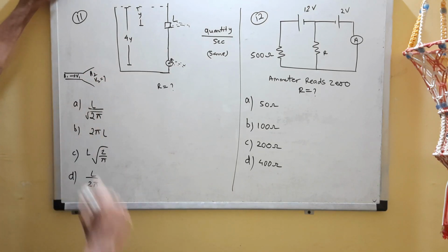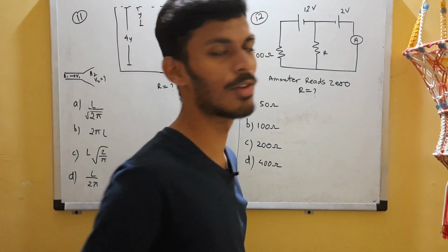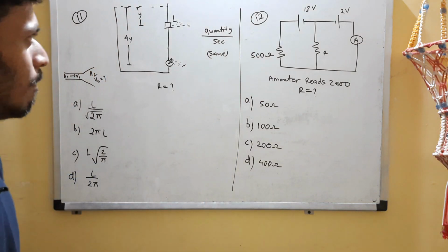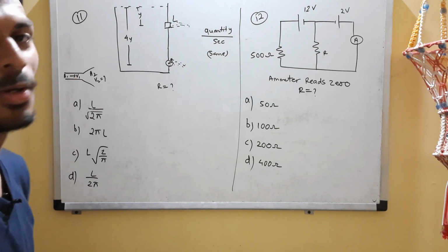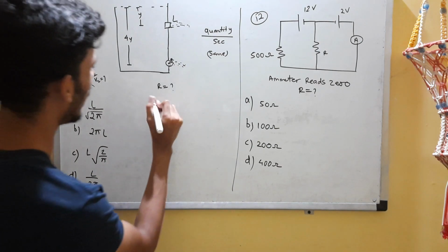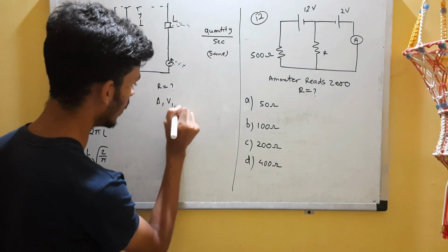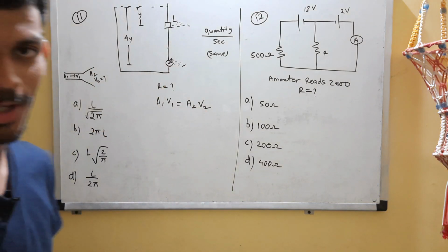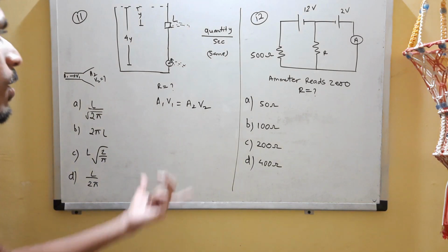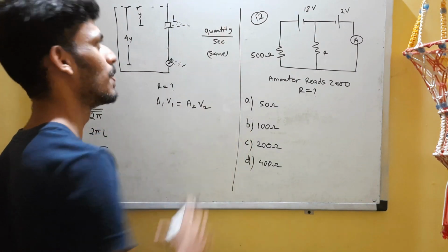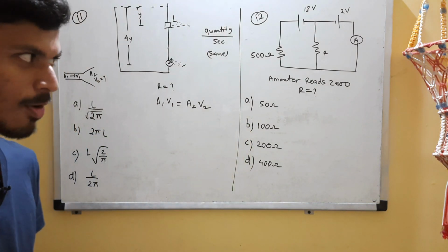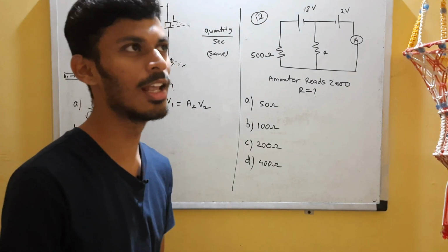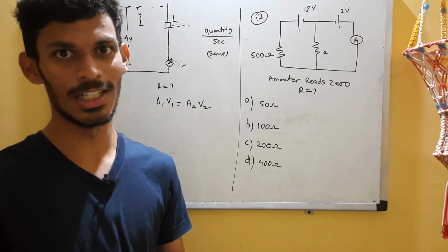Those are simple questions based on the equation of continuity. But here it's complex. The two holes do not seem to be linked, although you can apply the equation of continuity over here. So A1 V1 equals A2 V2 is what you are supposed to use. Where is the clue? The clue is that it speaks of conservation of mass, and the equation of continuity is itself based on conservation of mass.